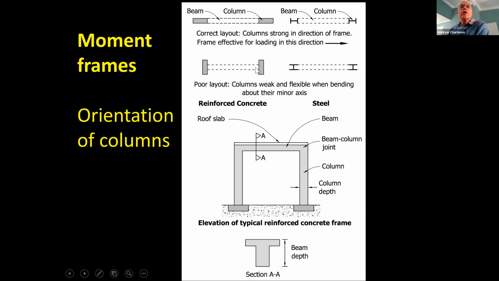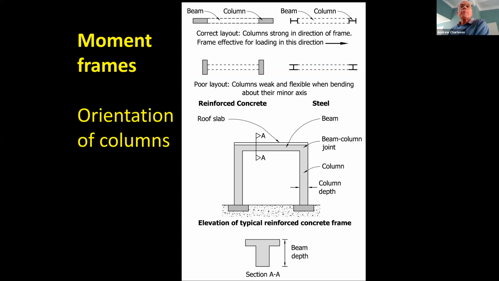Here's the beam, and see the columns are orientated the wrong way. And so when we have a moment frame, it's really important that the columns are orientated so that they are strong in the direction of the frame. Otherwise, the frame will be very flexible and weak and maybe dangerous.